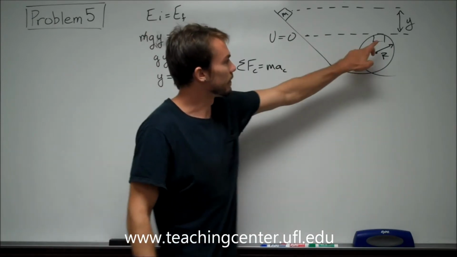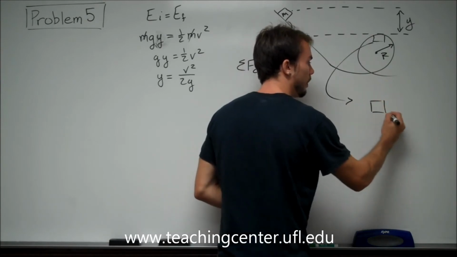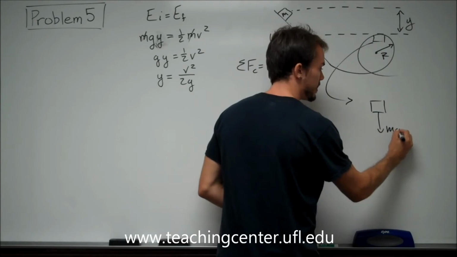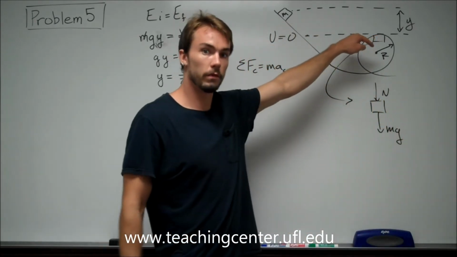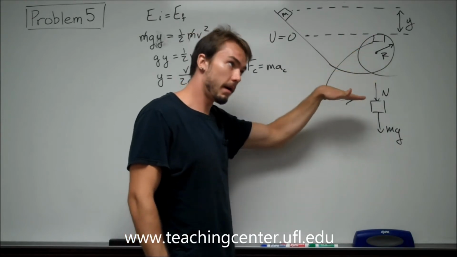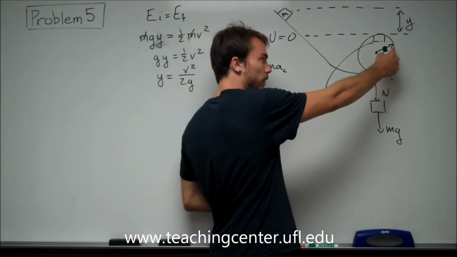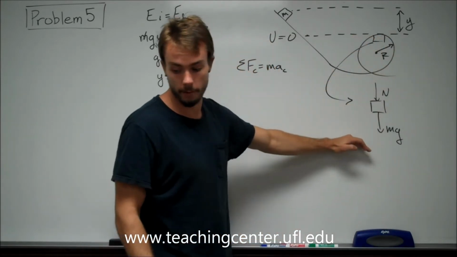At the top of the loop, the forces acting on this object are mg and the normal force. Don't forget, at the top of the loop, the normal force points down. At the bottom of the loop, it points up. It's what's holding it inside the loop, so the normal force always points inwards. And gravity, of course, always points downwards.